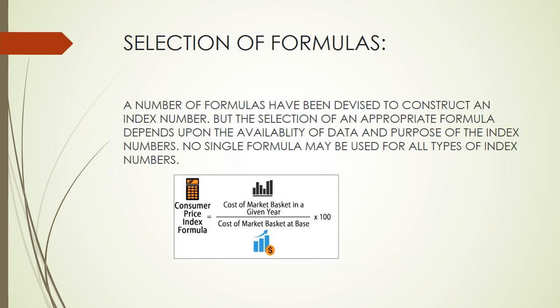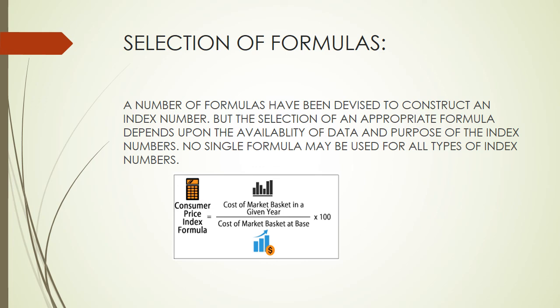Selection of formula. A number of formulas have been devised to construct an index number, but the selection of an appropriate formula depends upon the availability of data and the purpose of the index numbers. No single formula may be used for all types of index numbers.